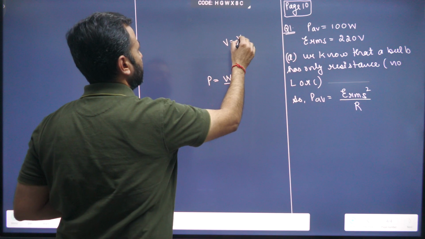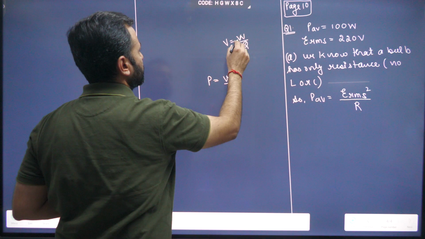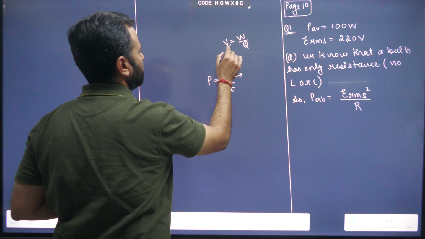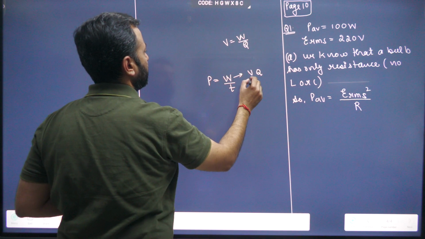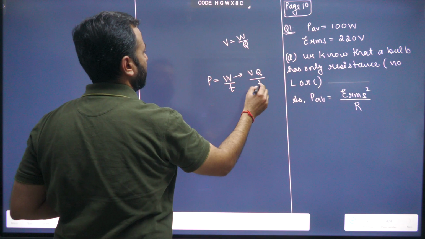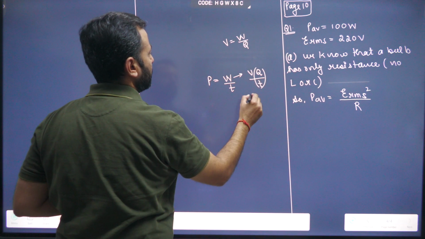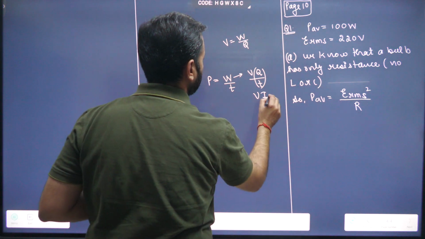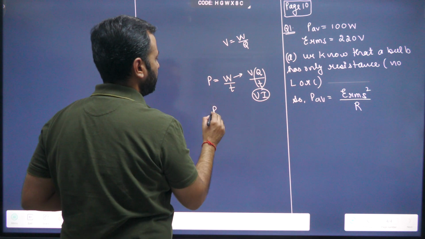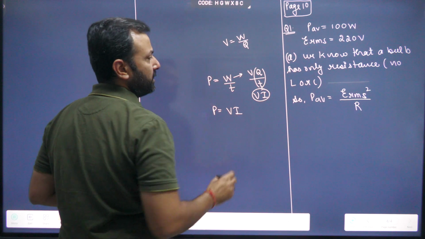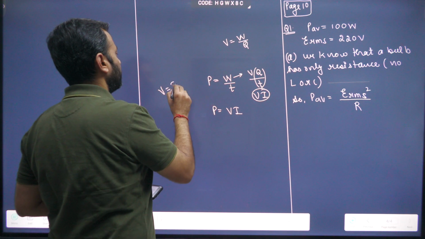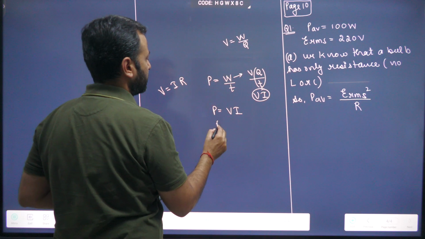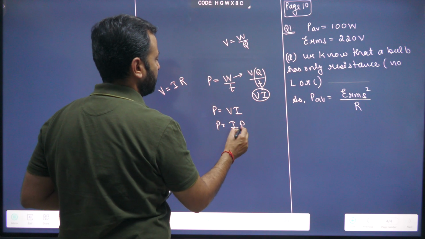Voltage is defined as work done per unit charge, so work done is V into Q, and this is time, and we know that Q upon T is called I. That's why I can write P is equal to V into I. And what is V? V is equal to IR. So I can write it like this.